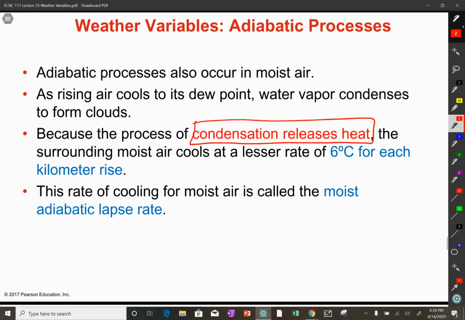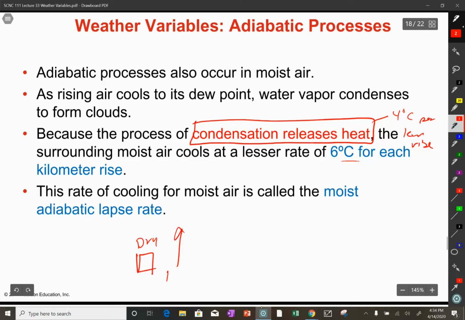So instead of cooling by 10 degrees, you offset that by 4 degrees per kilometer rise due to the condensation. So it's only 6 degrees Celsius for each kilometer. So if I have air that is dry and it goes up, then we have a 10 degrees Celsius per kilometer drop.